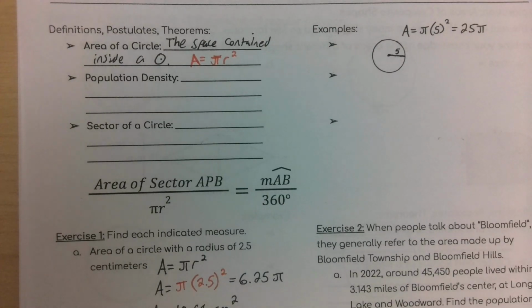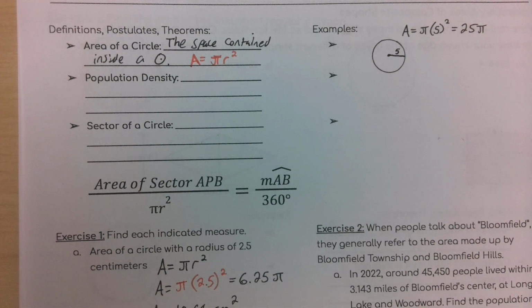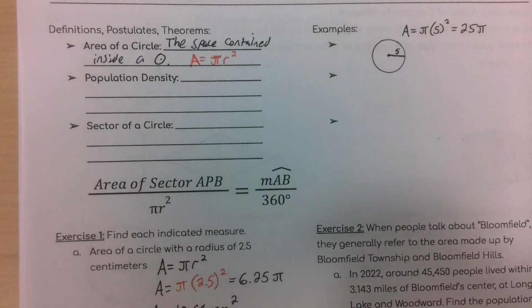Let's take a moment to take a look at our next definition, population density, a thing which many of you may not have expected to come out of a section on area, but it absolutely comes into play. Let's talk about what population density is.